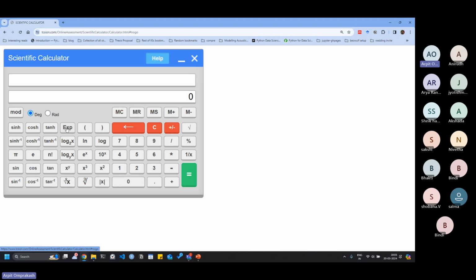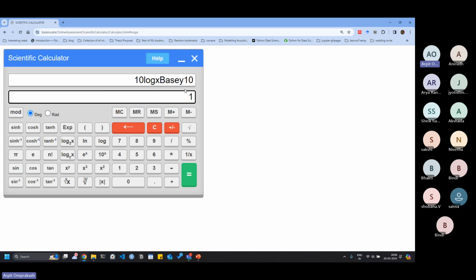So this is for exponential, this is for log 2, this is for log base something else. So let's say 10 base 10. It's first you type whatever you want the log of, then you press this, then you type the base and you press equal to. So you get the log of that.